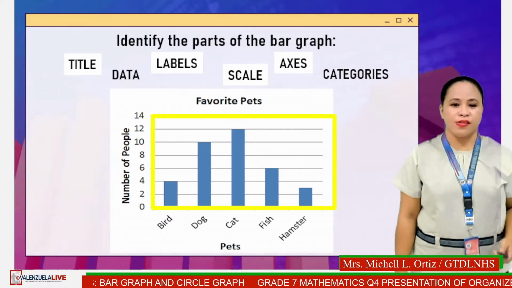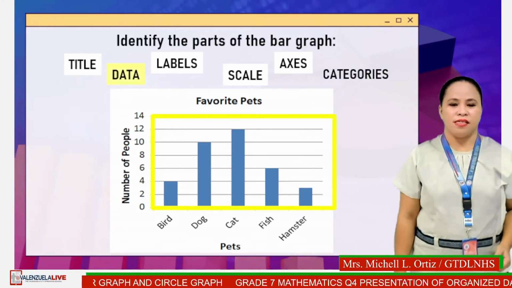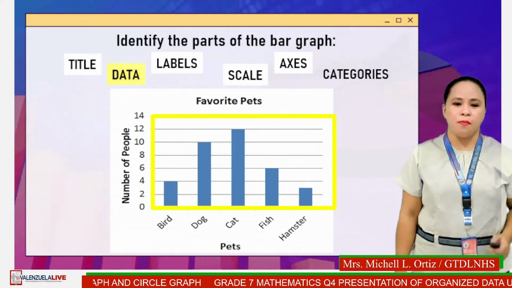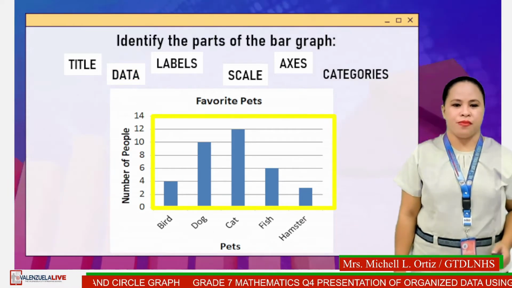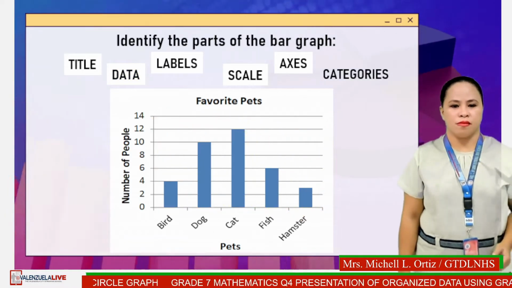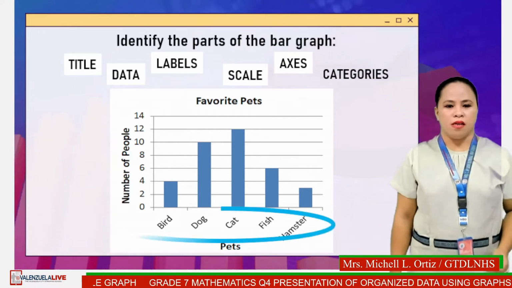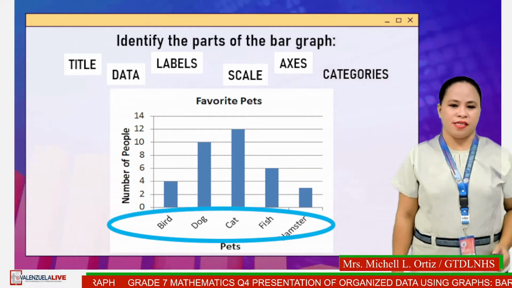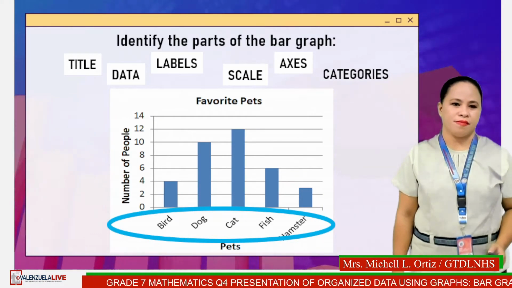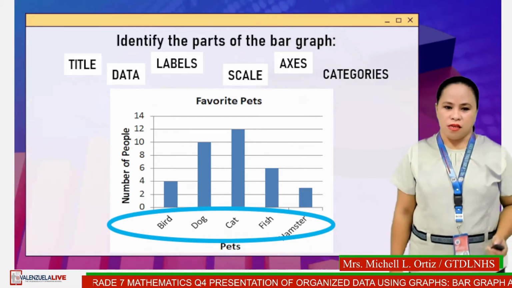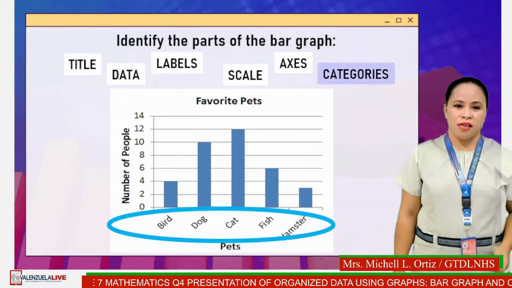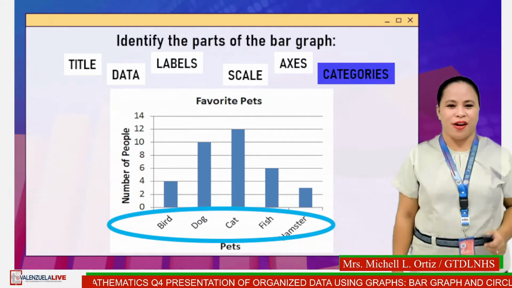The correct answer is data, the most important part of the graph. Number 6. If your answer is categories, then you are correct.